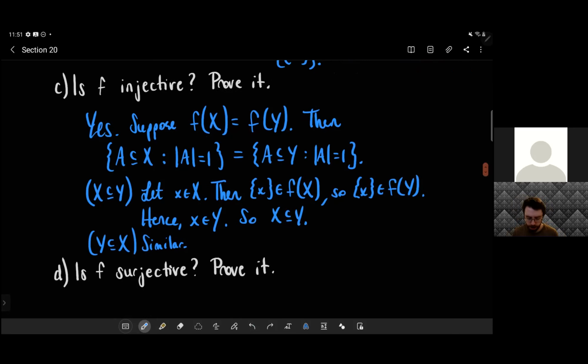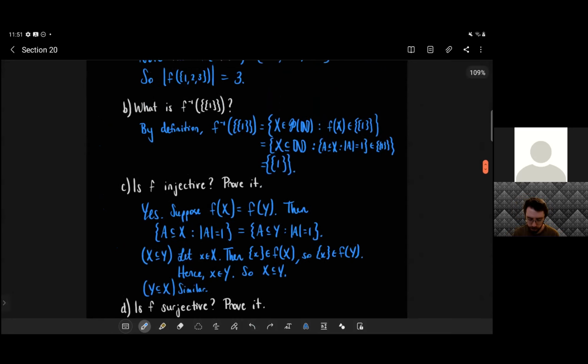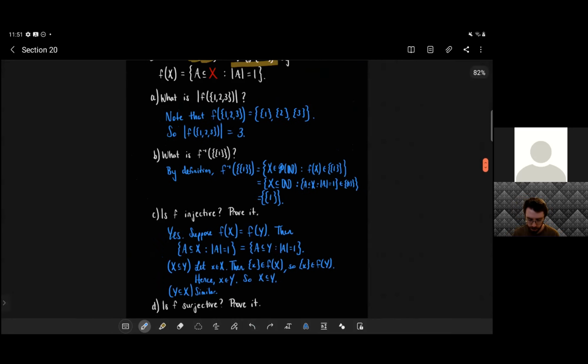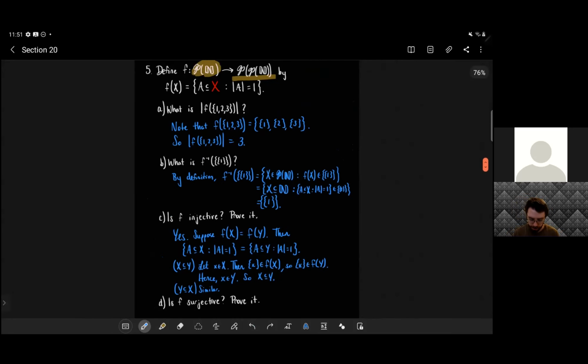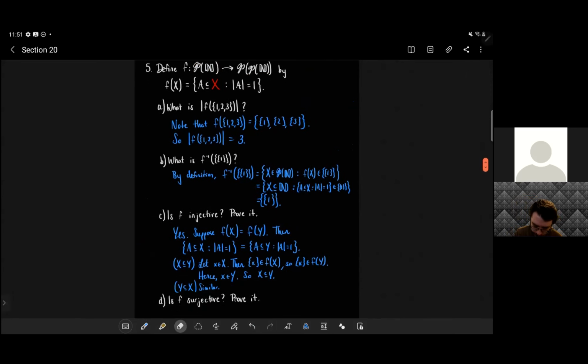All right, surjective. Again, after some thinking, always think before you write. It'll be on a time limit, but it'll be enough time to sit and think for a while.